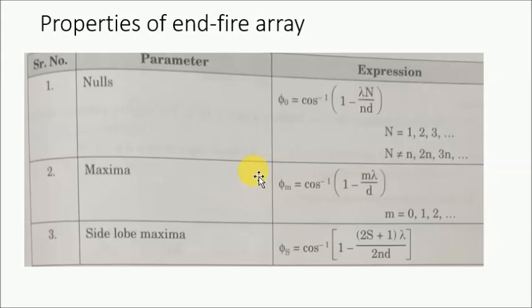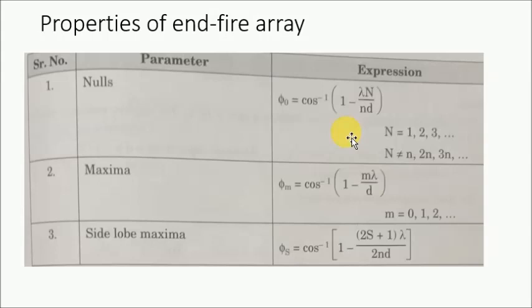Now, for example, if the spacing between the elements, that is d, is equal to lambda by 2, then the phase excitation alpha in the end-fire case is alpha equal to minus beta d. If you put beta equal to 2 pi upon lambda, lambda will get cancelled, 2 will get cancelled, and we will get minus pi.